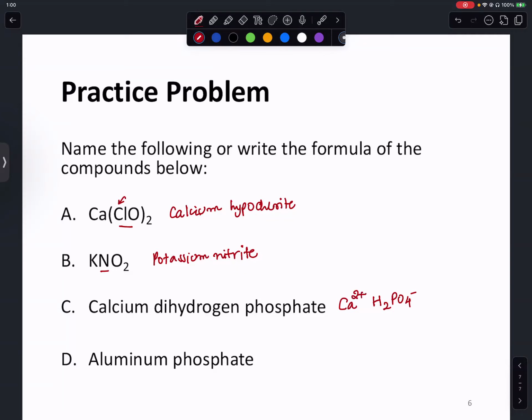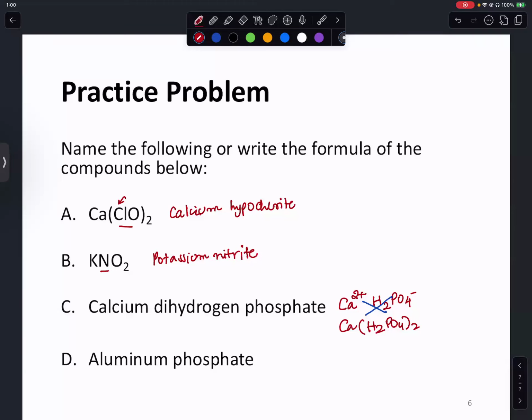And calcium, bear in mind, has a 2 plus charge. So we do the crisscross method. So it becomes Ca(H2PO4) with the calcium once and the dihydrogen phosphate twice.